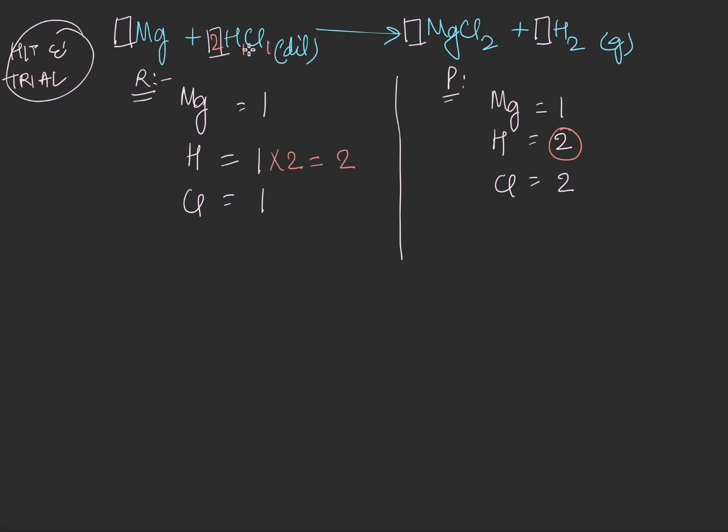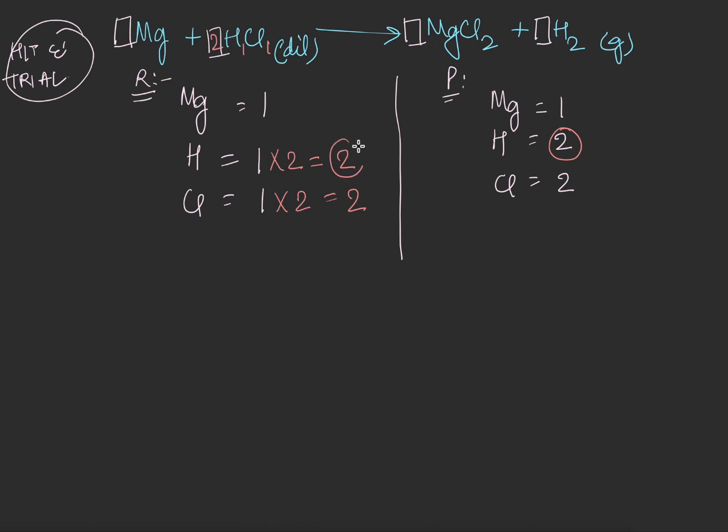You will only multiply these numbers after writing the number in the chemical equation, not before that. Because you have written 2 in front of HCl, that 2 is also for chlorine atoms. Because of writing 2 in front of HCl, you have also changed the number of chlorine atoms. Before, you had 1 chlorine atom.